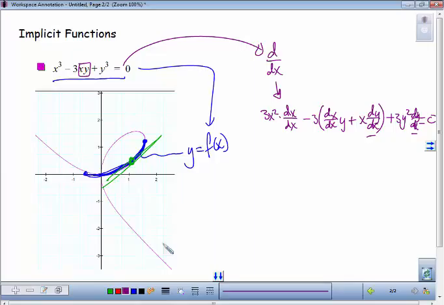But instead of solving for dy dx, let's pause for a moment and think about partial derivatives, because that's what we're dealing with. Let's see how this works with partial derivatives, and imagine ourselves taking the derivative with respect to x. So if we do this slightly differently, instead of doing a straight d dx, let's take a look at the partial with respect to x.